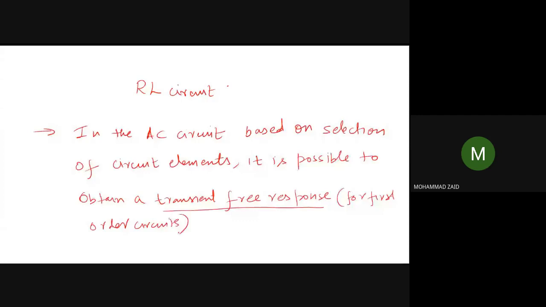which is not possible in DC circuits. In DC circuits, the first important thing is that we can have the transient free response in RL circuit as well as RC circuit.